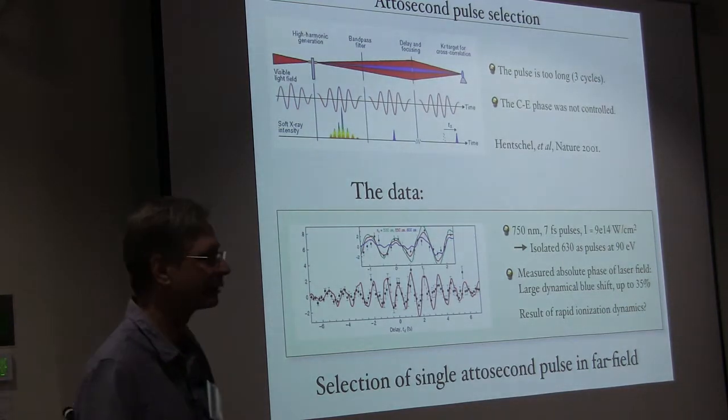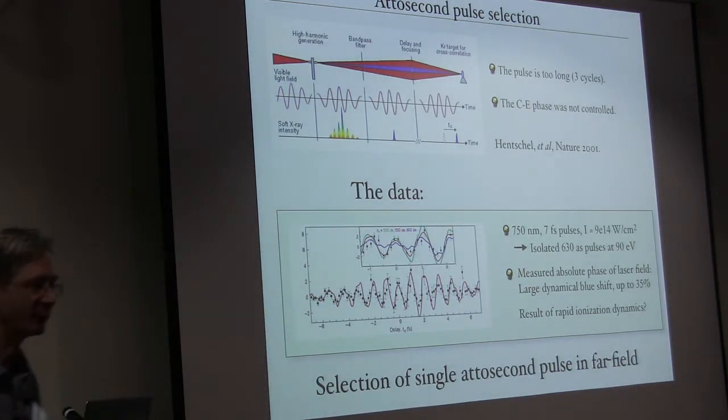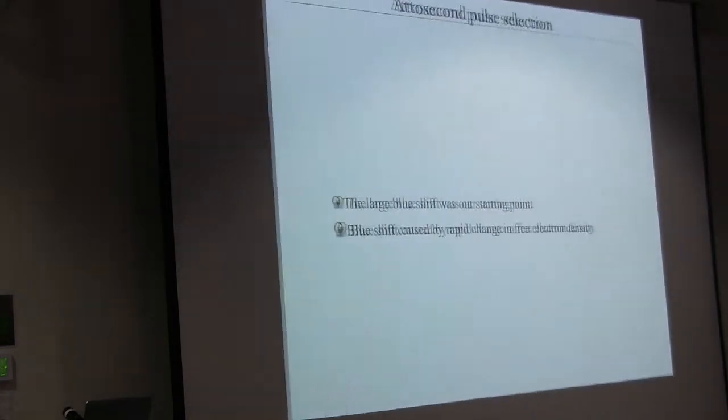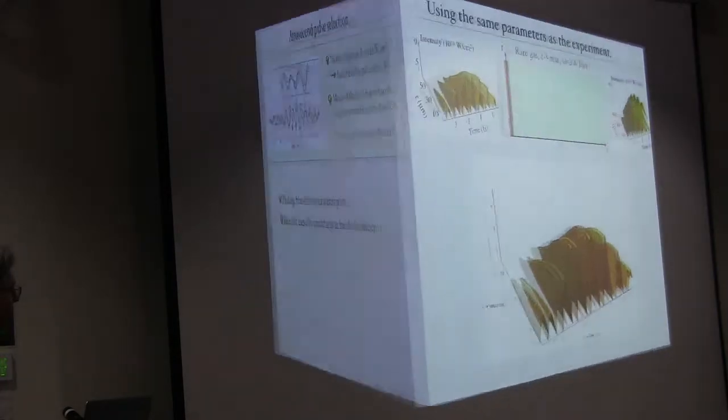So the question then occurs, what else is the rapid ionization dynamics doing? We know from this huge blue shift that there are rapid ionization dynamics. Something is happening. So the large blue shift was our starting point, because the blue shift is caused by the rapid change in the free electron density, which is something we can deal with.